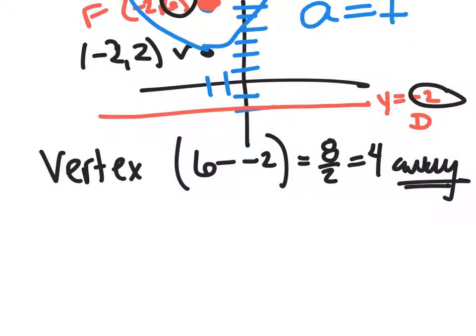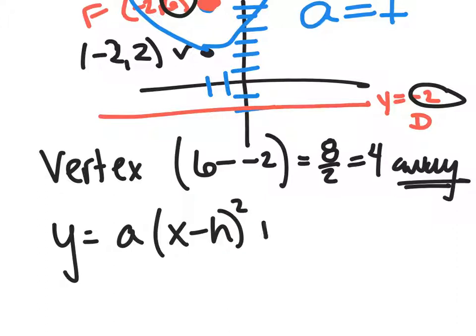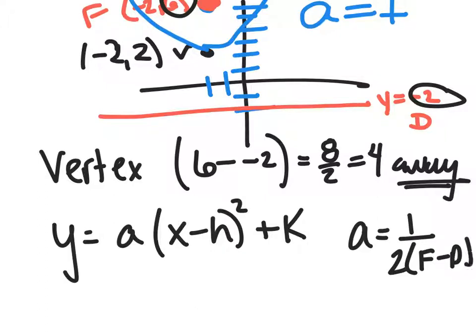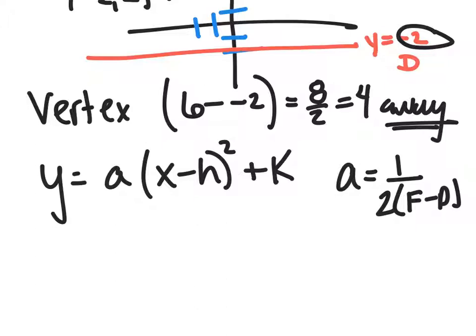All right, so now I have everything I need to put it in the equation. y equals A times (x minus h) squared plus k. Now, remember, the A value equals 1 over 2 times focus minus directrix. So A equals 1 over 2 times 6 minus -2.